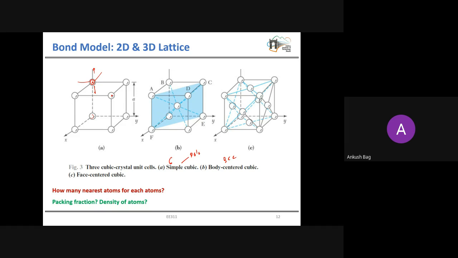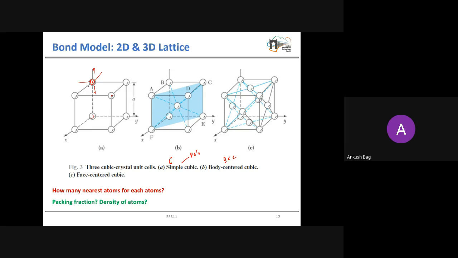Another important thing we need to understand from this crystal structure is the packing fraction. What is this packing fraction? Essentially, from a classical point of view, all these atoms are spheres, and overall this is a cube. Spheres inside a cube will not take the entire volume.